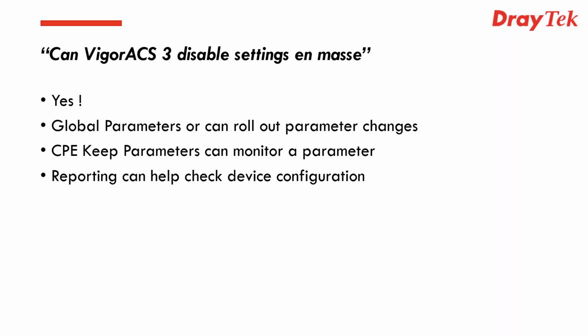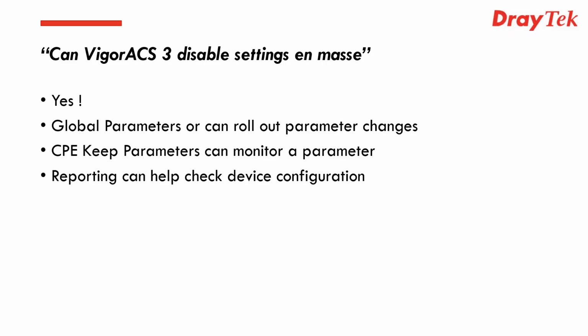Another bullet point we've got here is about the keep parameters. So ACS can monitor the configuration values on a device. For the previous global parameter that was rolled out, there's an option to set is keep for specific parameters within that profile. And what ACS will do is, on events when the device polls into the server, ACS will request what current values are for those specific parameters.